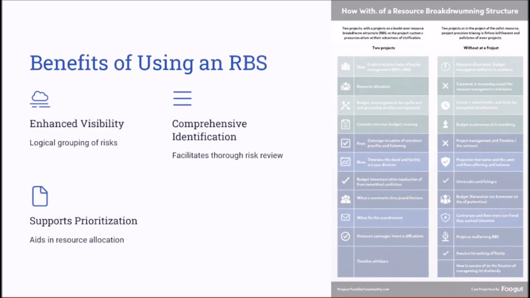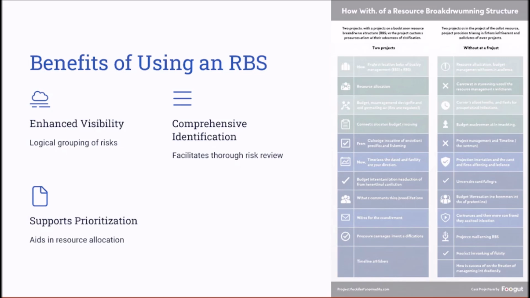The benefits of developing an RBS. Using an RBS offers different benefits. The first one is that it enhances visibility by grouping risks into logical categories, ensuring that all areas are thoroughly reviewed during the identification process. The second benefit is that it facilitates comprehensive risk identification by acting as a checklist that covers a wide range of potential risk sources.